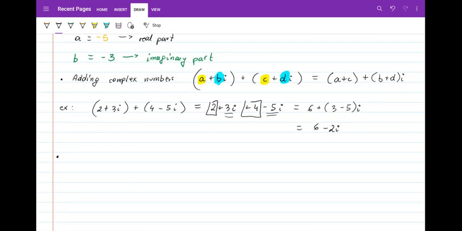Since we can add complex numbers, we can also find the difference. So the difference of complex numbers.